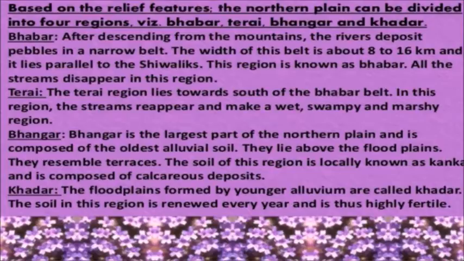To make this clear in simple form: when the Ganga originates from Alaknanda, it comes down in descending form, carrying pebbles and other material. All this gets deposited exactly parallel to the Shivaliks, which I have explained in the Himalayas. This region is called Bhabar. All the streams disappear in this region.